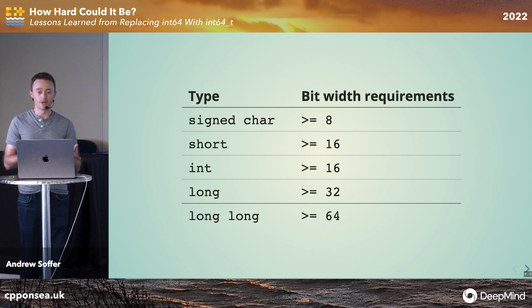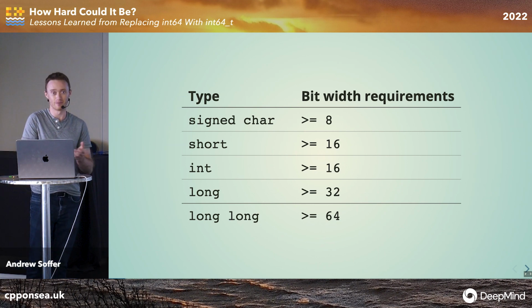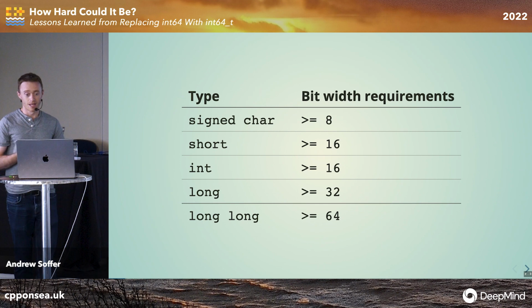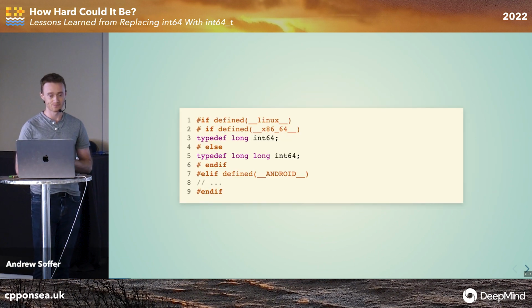So what do we do now? I have a number I want to represent. What type should I use for it? The standard doesn't tell me if I have a number that's a million, is an int large enough? Maybe, maybe not. And so the answer is you typically do something like this.